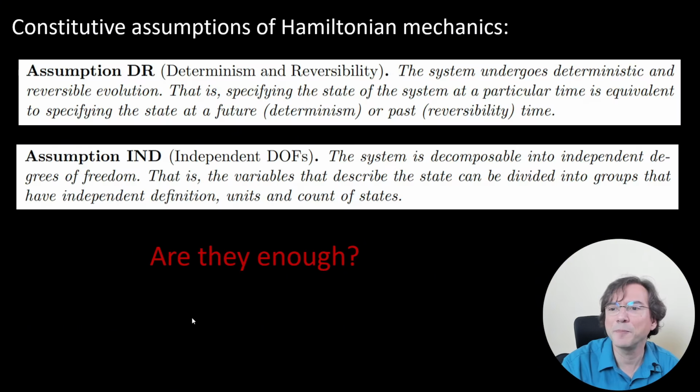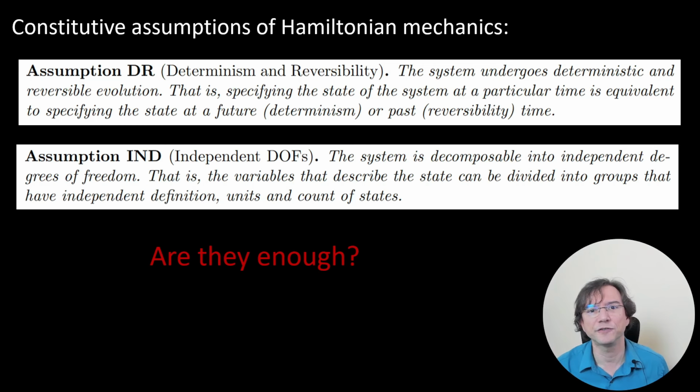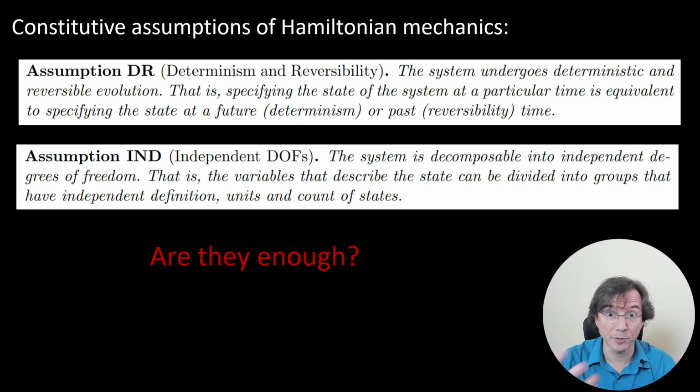Okay, so basically we have two constitutive assumptions of Hamiltonian mechanics, two assumptions that the system has to satisfy before we can say that the system is Hamiltonian and it actually works with those equations. The one is determinism and reversibility, the fact that the system undergoes a deterministic and reversible evolution, so that specifying the future is equivalent to specifying the past and vice versa, and that the system can be broken down into independent degree of freedom, right?